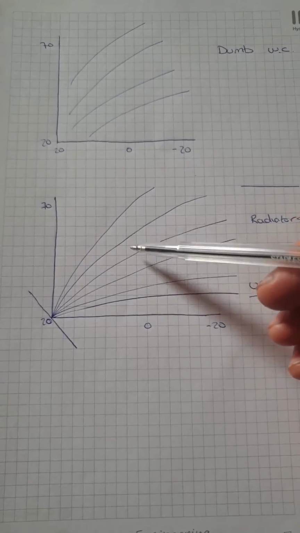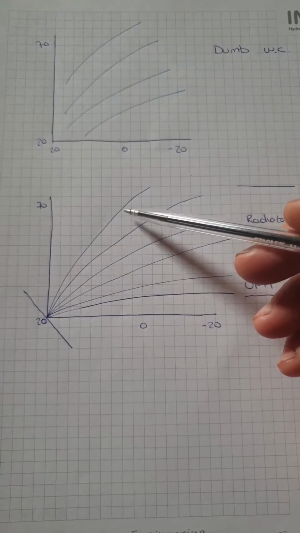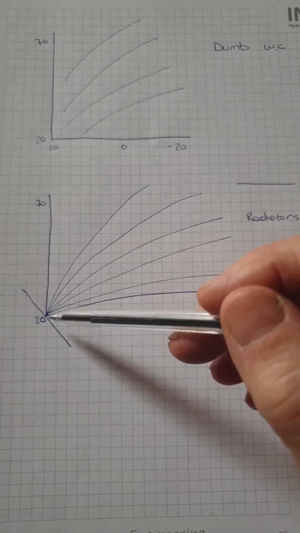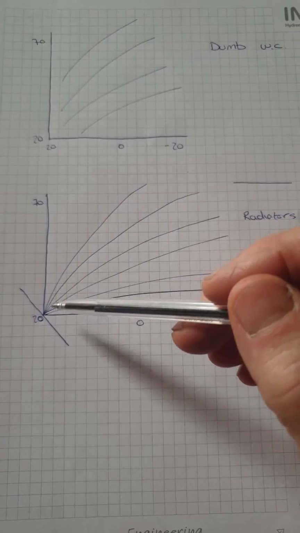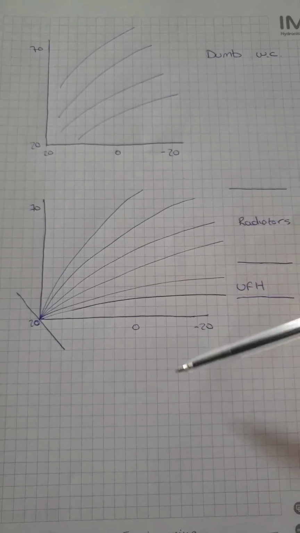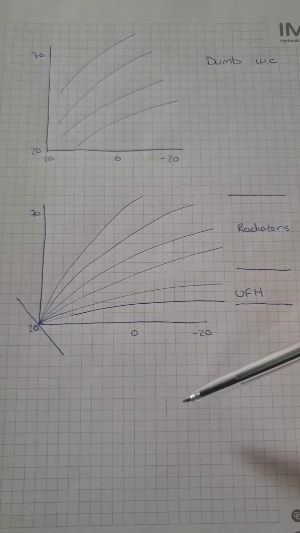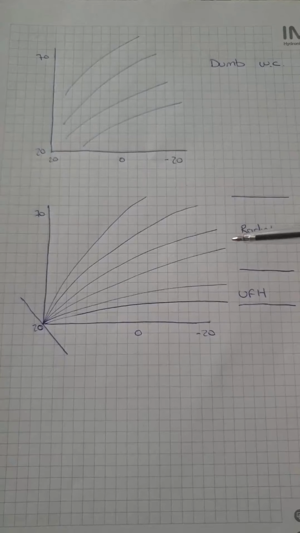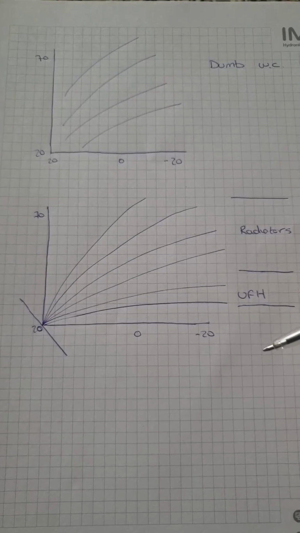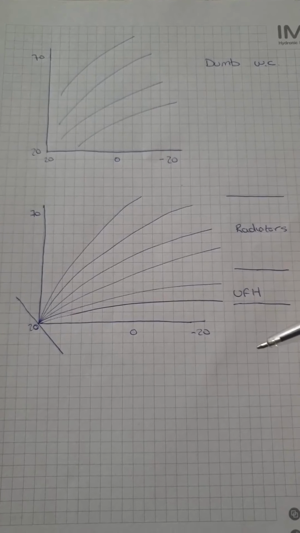It doesn't matter what the design of the system is, weather compensation will always give you more efficiency, because it's always going to drop back down these curves and get the boiler running cooler than it would if it didn't have weather comp, or some kind of load compensation system anyway, at least. Got to bear in mind that weather comp isn't the only load compensating system.